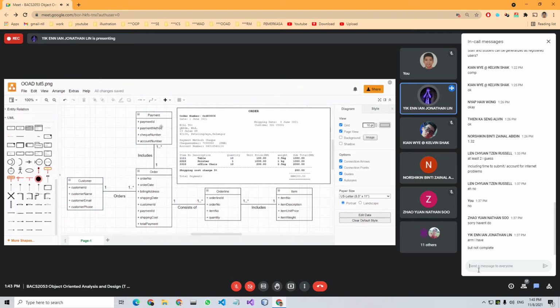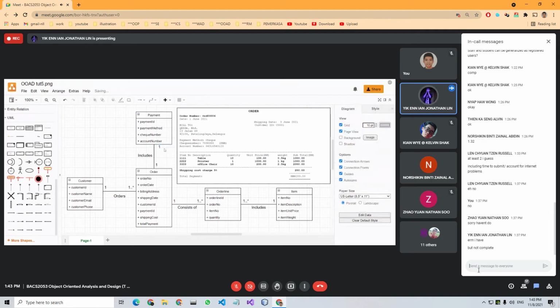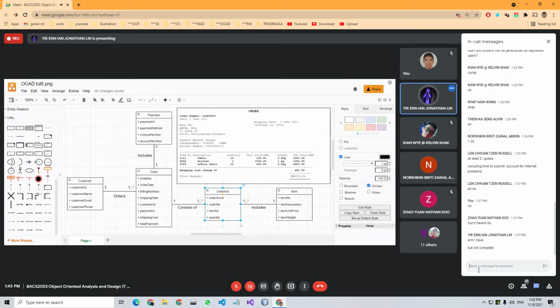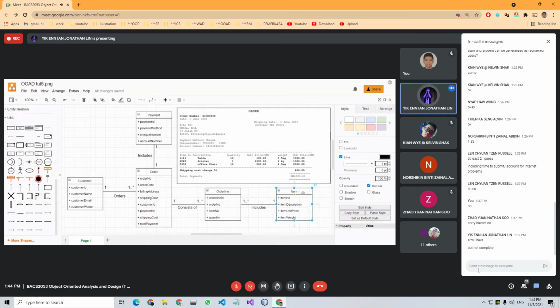And then payment, this one should be one to one, not one to many. Each order can only have one payment, and each payment can only be used by one order. Item and order should be many to many, but this is the middle class, so there will be many to one on each side.